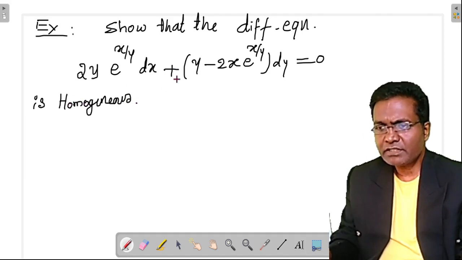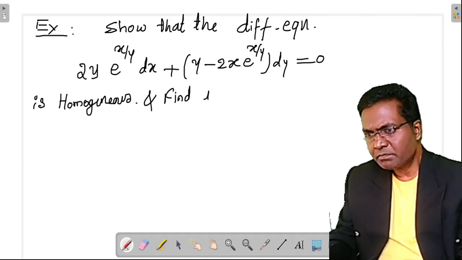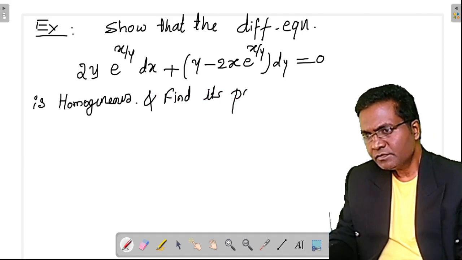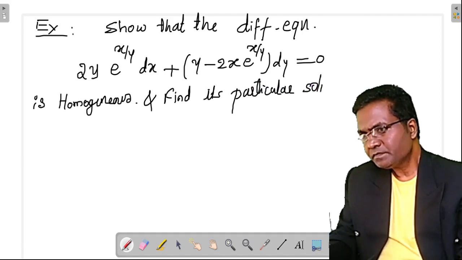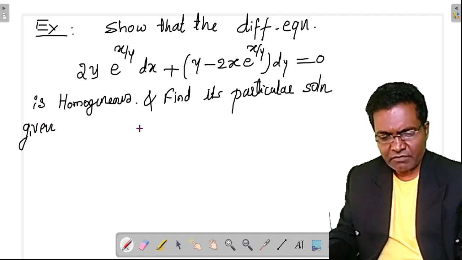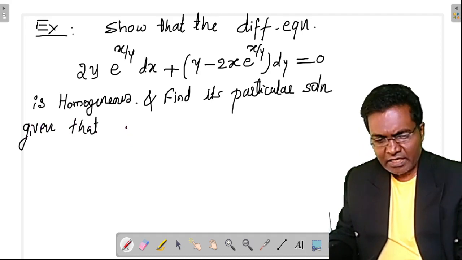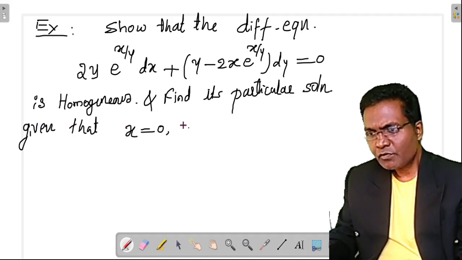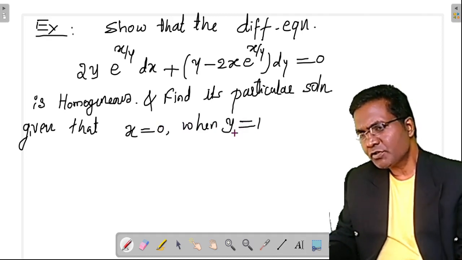You were asked to show that this is a homogeneous differential equation, and you are also asked to find its particular solution, given the initial condition that x equals 0 when y equals 1.